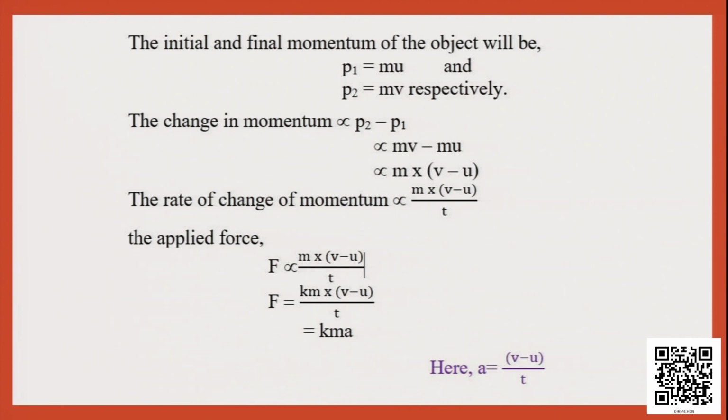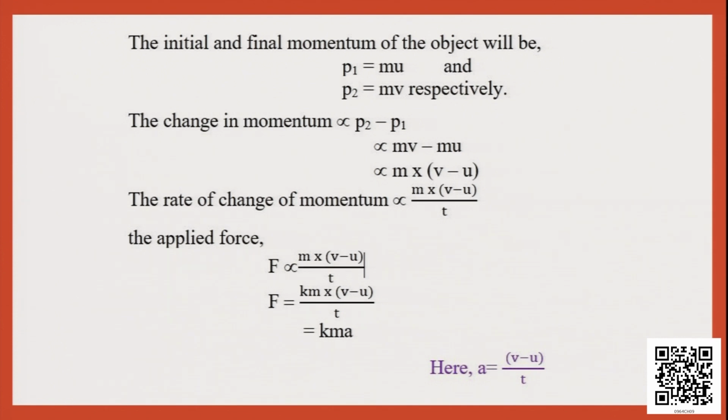Now, the change in momentum will be directly proportional to the difference between the final momentum and the initial momentum, that is P2 minus P1. By substituting the values of P2 and P1, we get that the change of momentum is directly proportional to mv minus mu, which is again proportional to m into (v minus u). So, that is the change in the momentum.